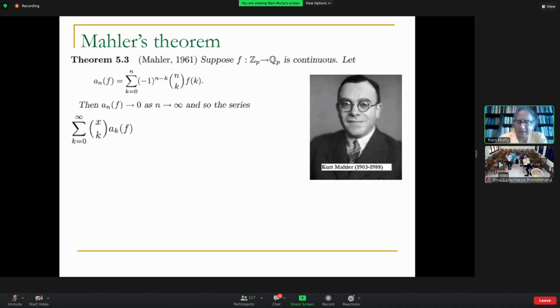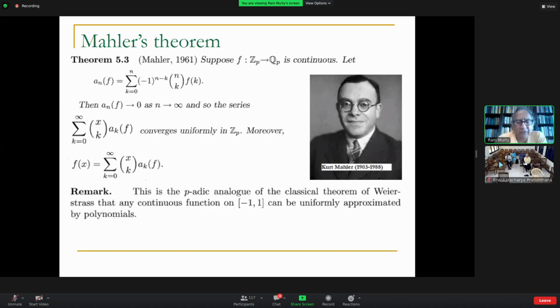Therefore the series, the summation of x choose k times a_k of f, actually converges, and it converges uniformly, and it converges to f(x). So this is Mahler's theorem. As you can see, it was proved in 1961, so it's a 20th century theorem for sure.